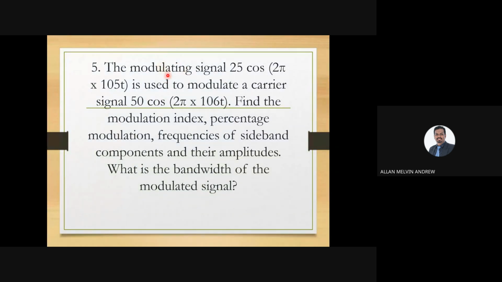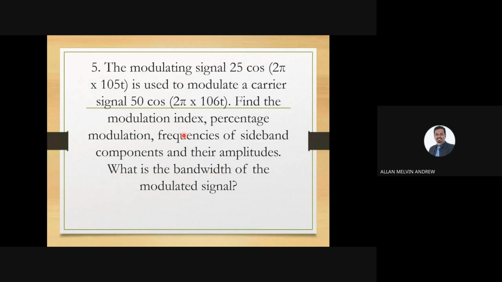Okay, so you have here a modulating signal. The modulating signal 25 cos 2 pi times 10^5 t is used to modulate a carrier signal. The carrier signal is given as 50 cos 2 pi times 10^6 t. They asked to find the modulation index, percentage of modulation, frequencies of sideband components, and their amplitude. And they asked to find the bandwidth.